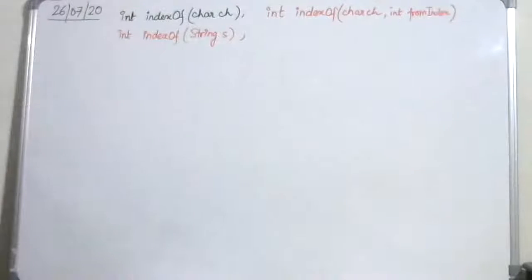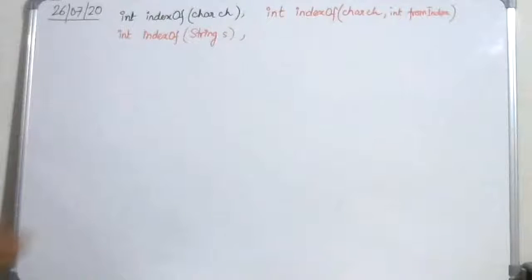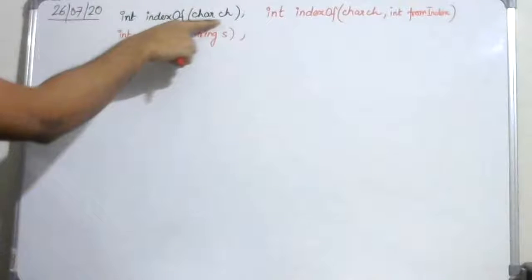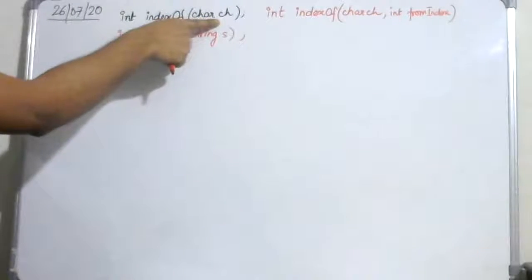This is basically the variable name. Just to signify the meaning, I'm writing it fromIndex. So you can either specify one argument like this here, just a character, and it returns the index of the first occurrence of that character.